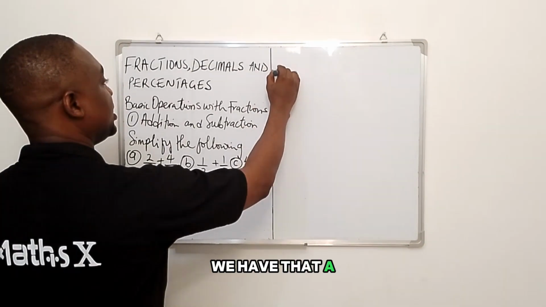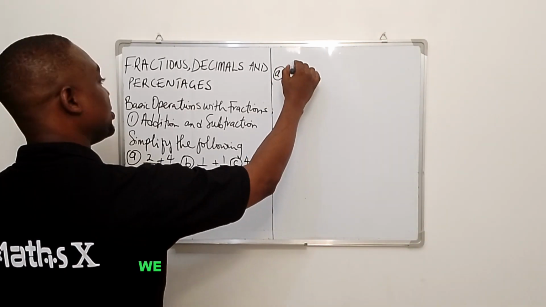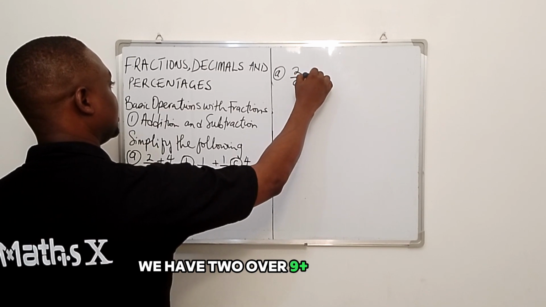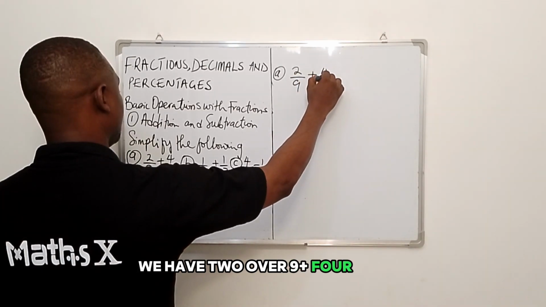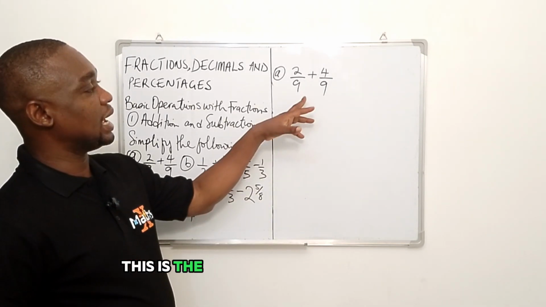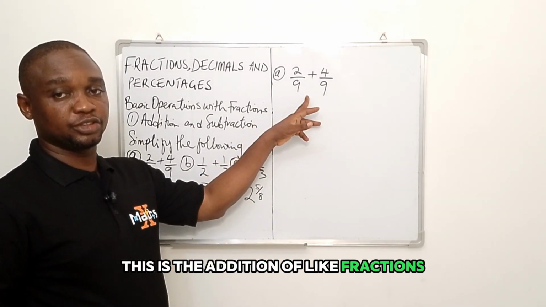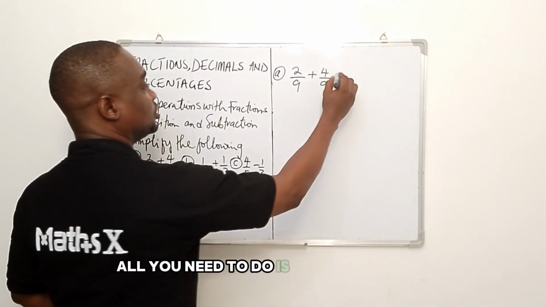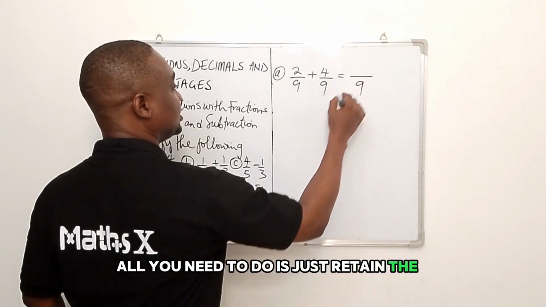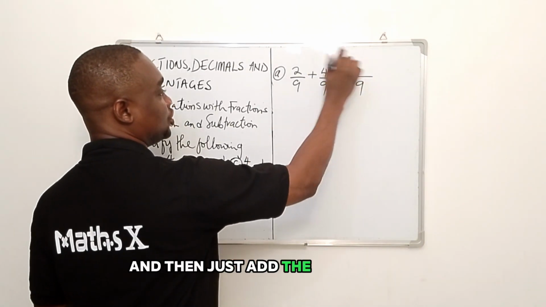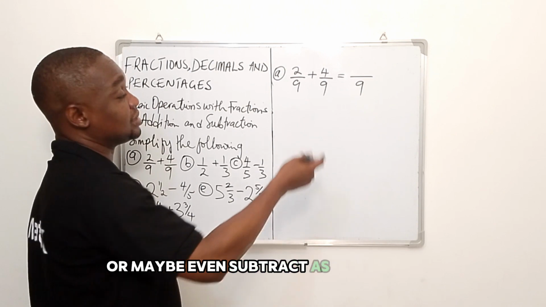We have that A, we have 2 over 9 plus 4 over 9. This is the addition of like fractions. And like I told you, it's very easy. All you need to do is just retain the LCM since it's common to 2 of them, and then just add the numerators, or maybe even subtract as the case may be.